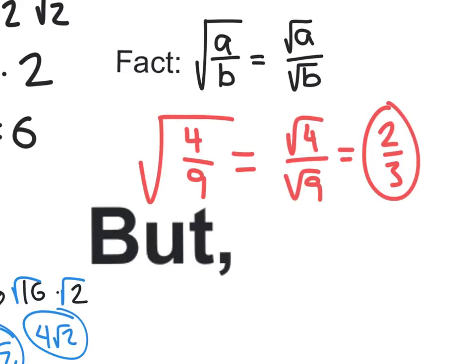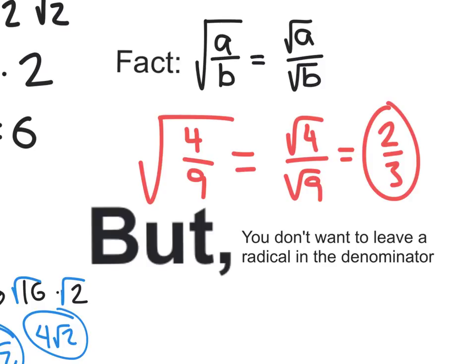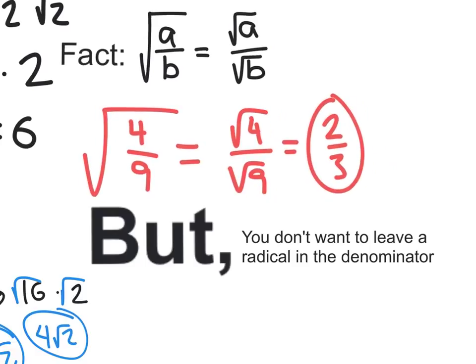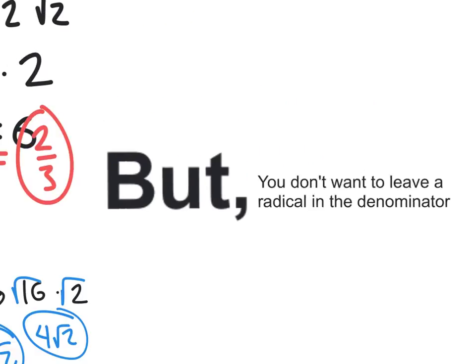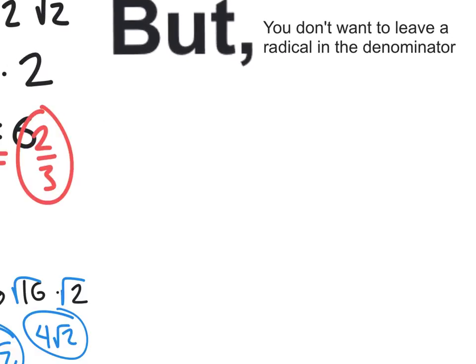But, and that's a pretty big but, yes, you don't want to leave a radical in the denominator. Okay? So it gets a little challenging, because whenever you have a square root on the bottom, on the denominator, you're going to have to get rid of it. Let's say I had, ladies and gentlemen, the square root of 4/3.